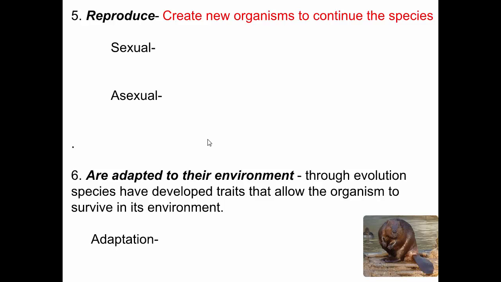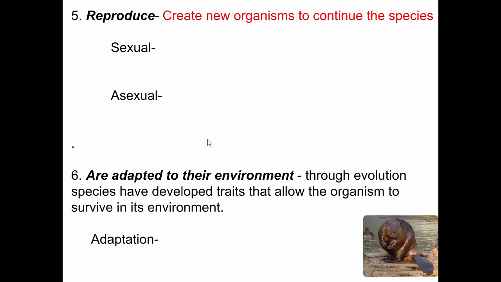And we're going to talk about reproduction in several units. But reproduction is broken into sort of two main categories: sexual reproduction and asexual reproduction. Okay? And there's some important differences. Some organisms reproduce asexually. Some organisms reproduce sexually. Some organisms can reproduce in either way.